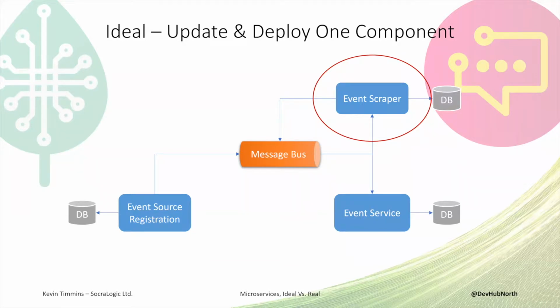We just want to redeploy that single component, that one thing that we actually care about, and leave everything else working. Obviously, any time that we do a deployment and an update, it carries a level of risk that things are going to break or behave in an unexpected way.